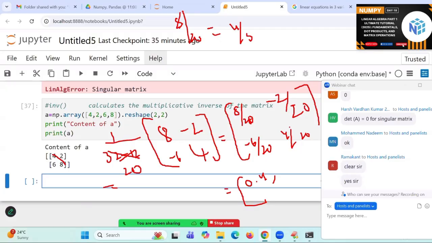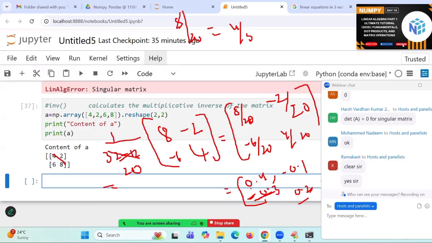Now done. Next, minus 2 by 20, which is minus 0.1. Minus 6 by 20. Simplify that and you'll get the answer. No need to take a calculator and all. Next, 4 by 20 is 0.2. This will be the answer.